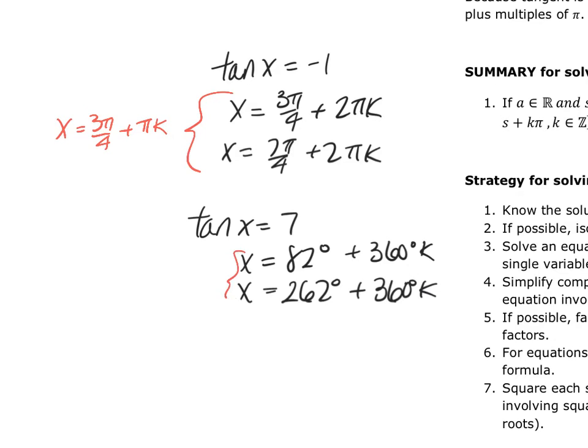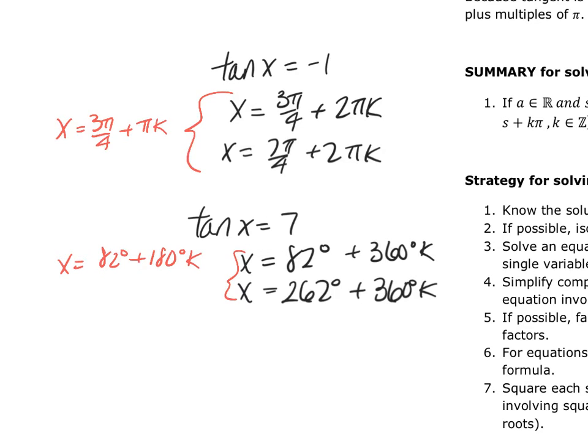I could have done the same thing here. X is equal to 82 degrees plus 180 degrees k, because it has period of pi. Those two numbers, 82 and 262, are 180 degrees apart from each other, just like 3 pi over 4 and 7 pi over 4 are a distance of pi from each other.